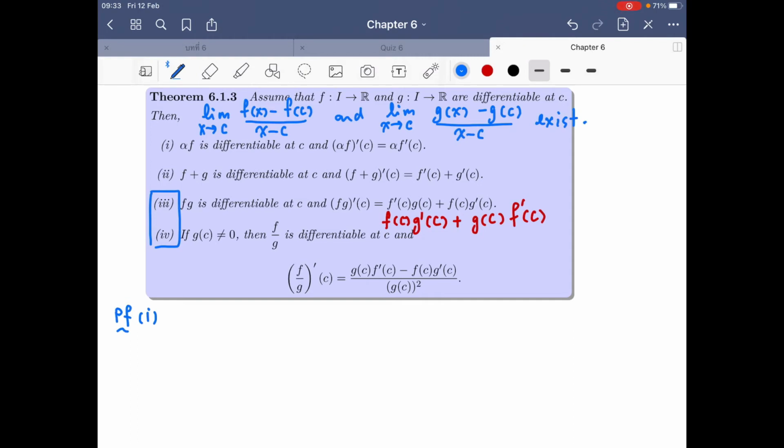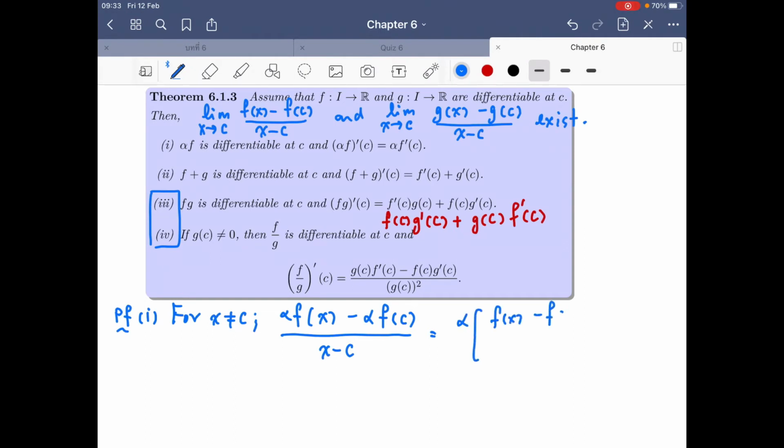The limit exists. So let us do the calculation. For x not equal to c, the thing that we need to find for the derivative of alpha f at c is this quotient over x minus c. It is the same as alpha times f of x minus f of c over x minus c.